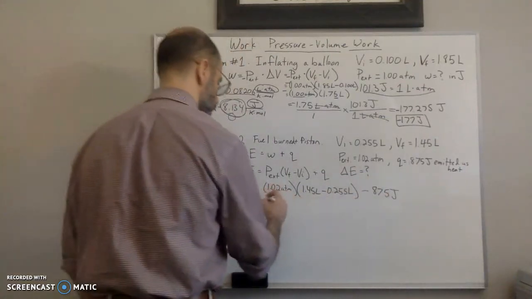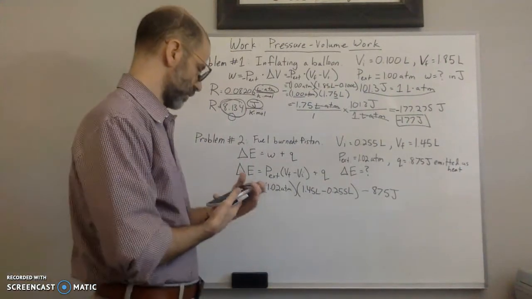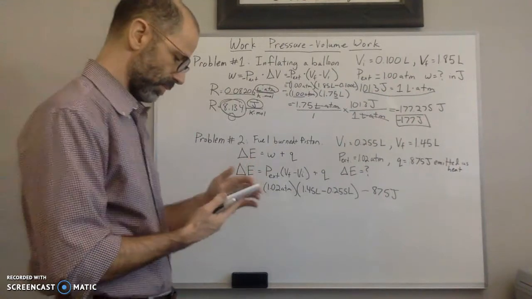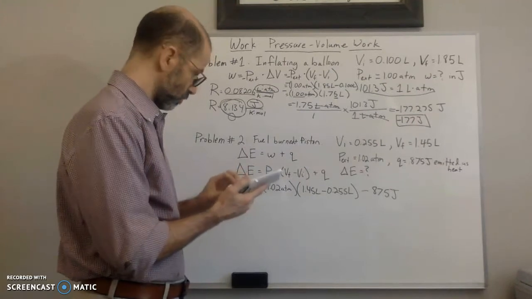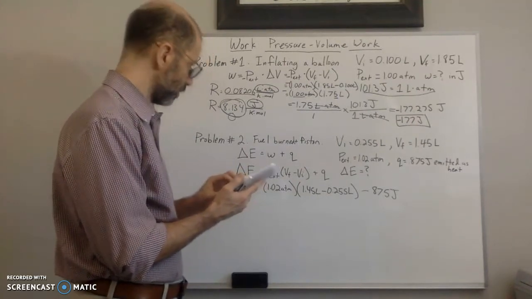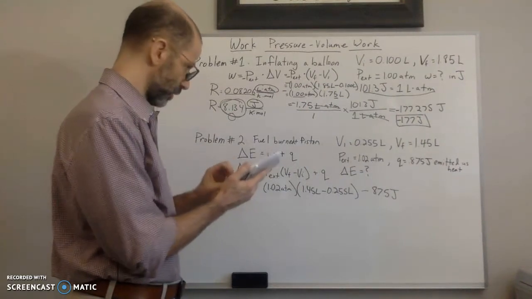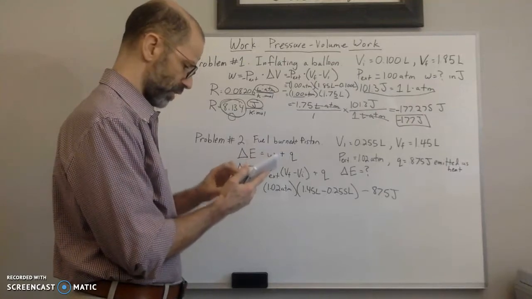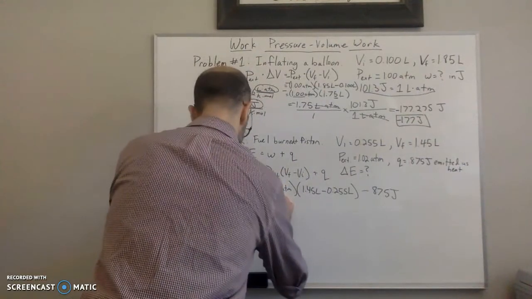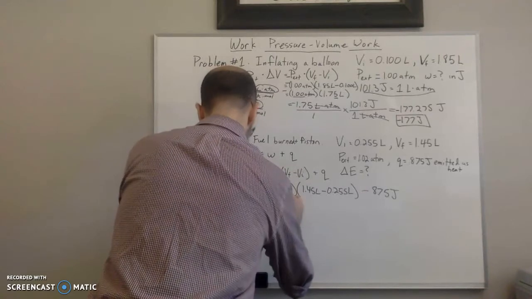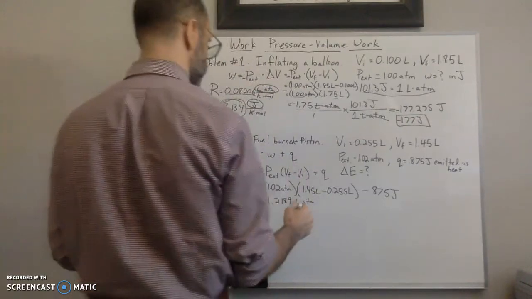Okay, so here we're going to use our calculator to calculate this. So we have 1.02 times 1.45 minus 0.255 equals, and here we're going to get 1.2189 liter atmospheres, right?